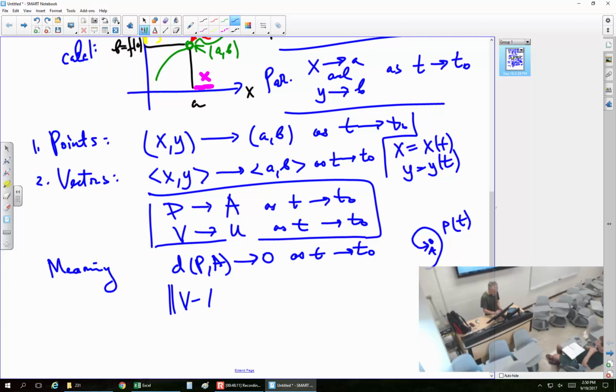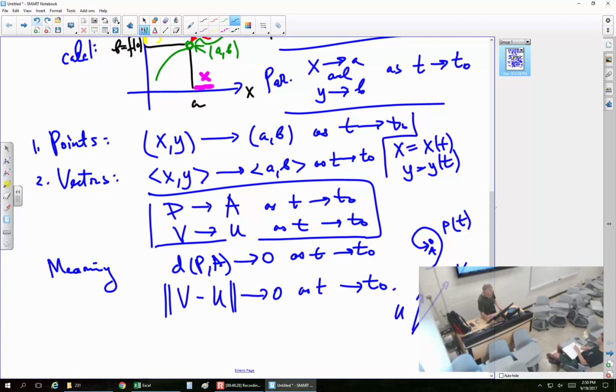So the magnitude of V minus U once again approaches 0 as t goes to t naught. It's harder to express like this, but you can imagine this is my vector U, and vector V is trending towards it like this. So it rotates simultaneously as well as getting its magnitude appropriately shortened. Okay, we'll continue next time with this.